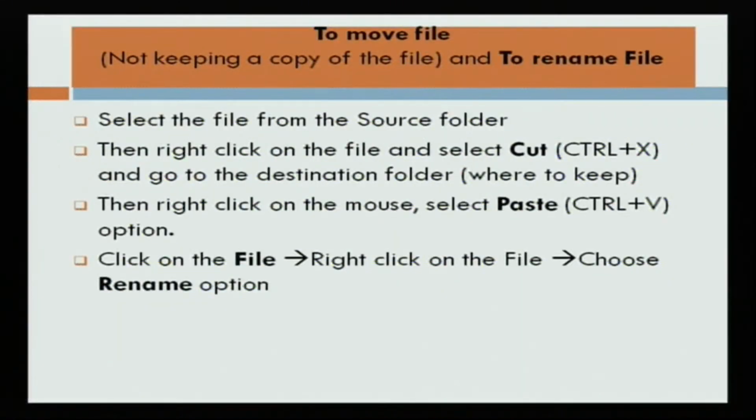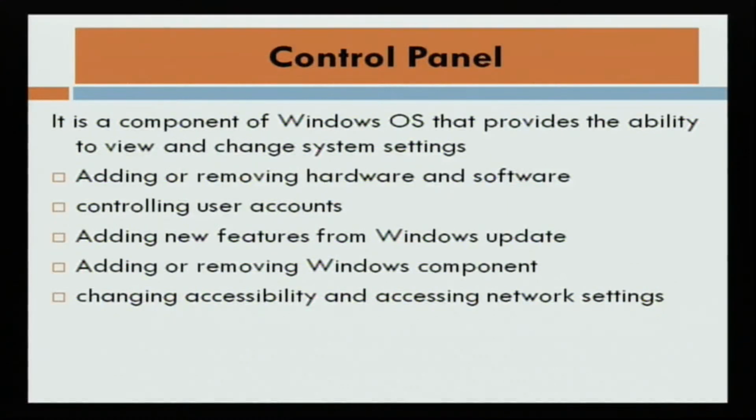If we want to rename a file, click on that particular file, right click on the file, then whatever new name we want to give, we can give using the rename option. Moving to the next slide, we will discuss what the control panel is. Control panel is a component of the Windows operating system which provides the ability to view and change the system settings.